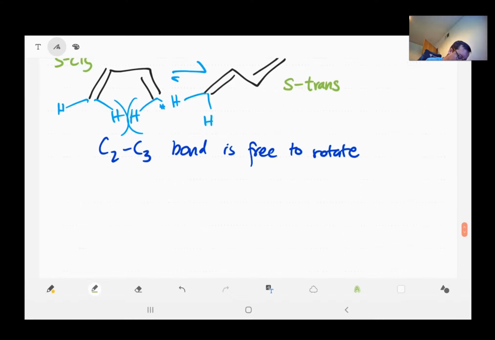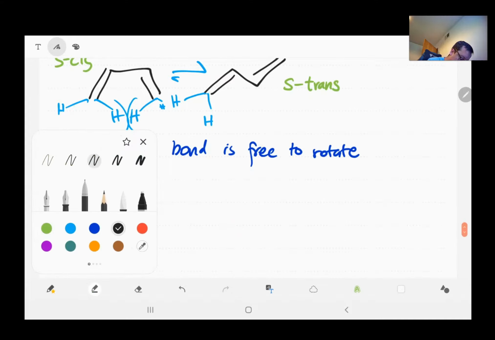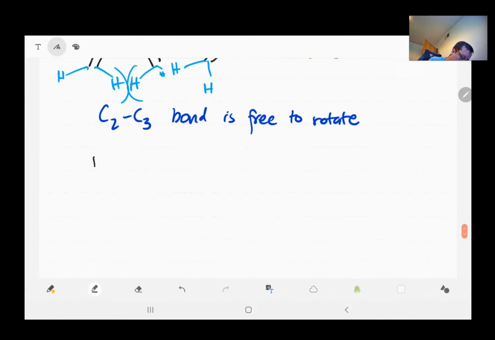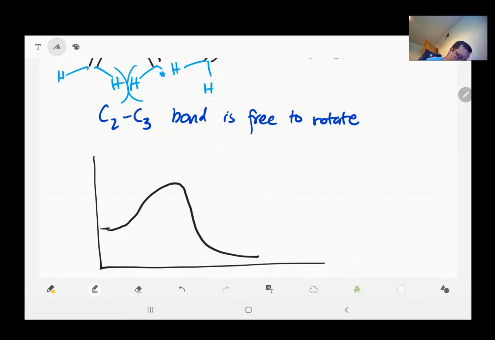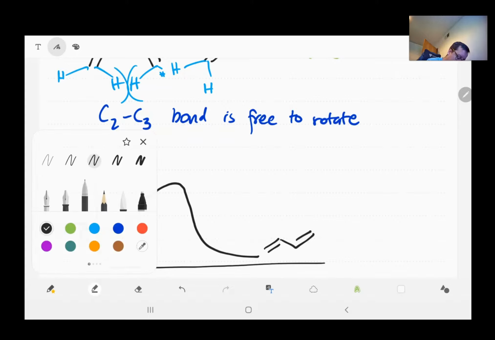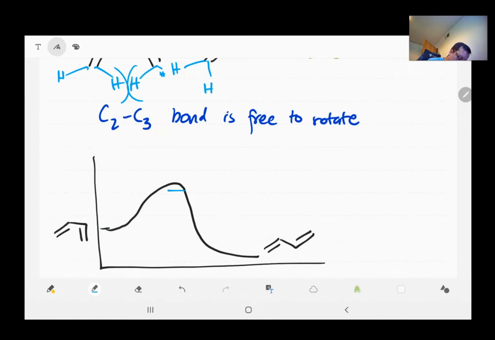For some numbers, if we were to think about how these might go between each other, I have a reaction coordinate diagram here. Between those two, if we want to rotate them, we do have a bit of an energy barrier to overcome. That is also about 15 kilojoules.